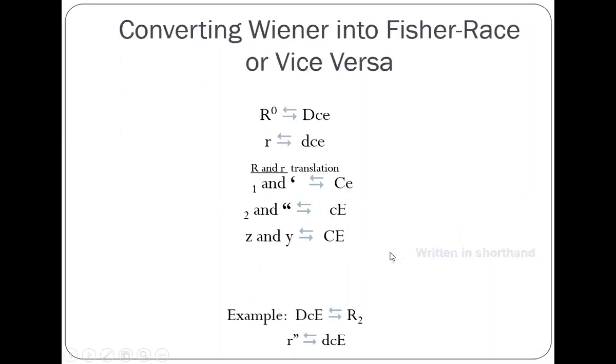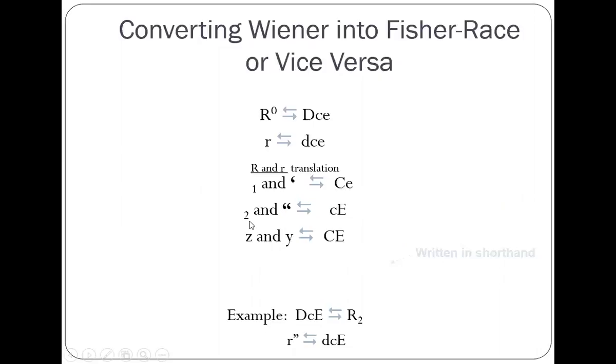And I know I already told you what each of those mean as far as what's inherited 2 slides ago. But for me, it's very easy to just associate both the antigens with them. So when I see a 1 or a prime, I don't just think, okay, big C was inherited. I think big C little e.